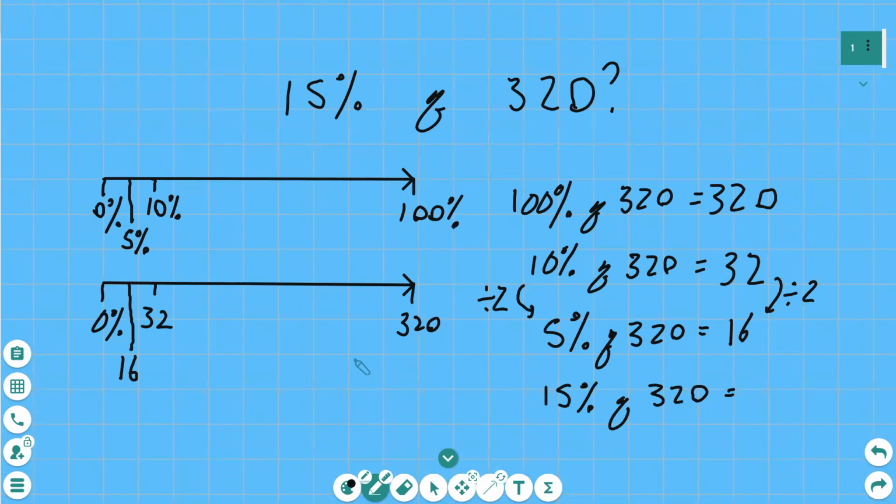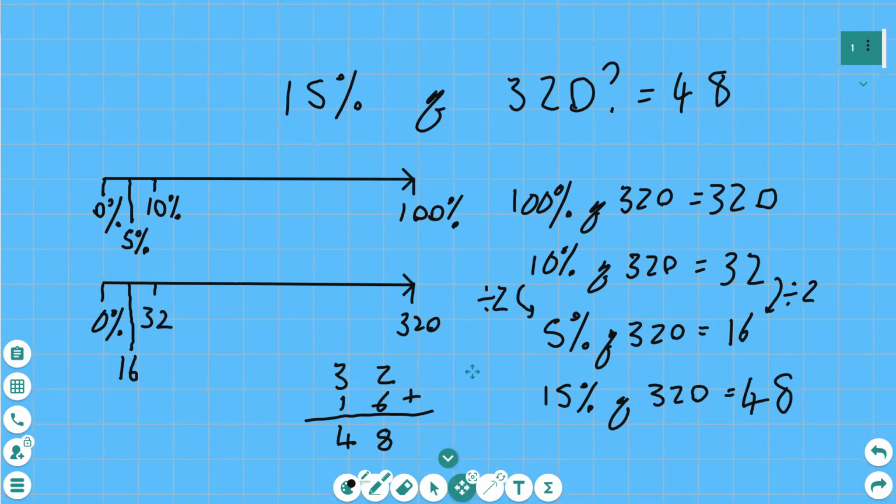So let's do a little column addition. 32 and 16. Well, 6, 7, 8, 3, 4 is going to be 48. Nice. So 15% of 320 is 48. Hopefully that makes some sense.